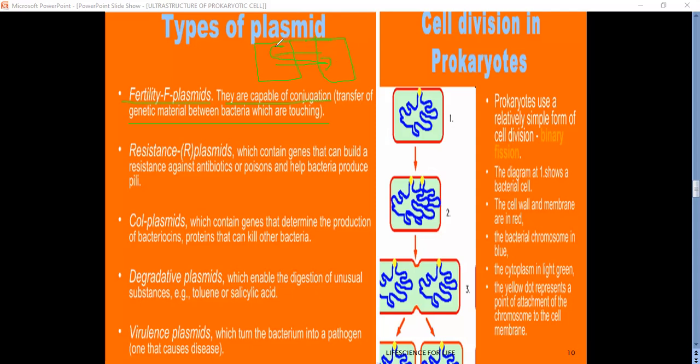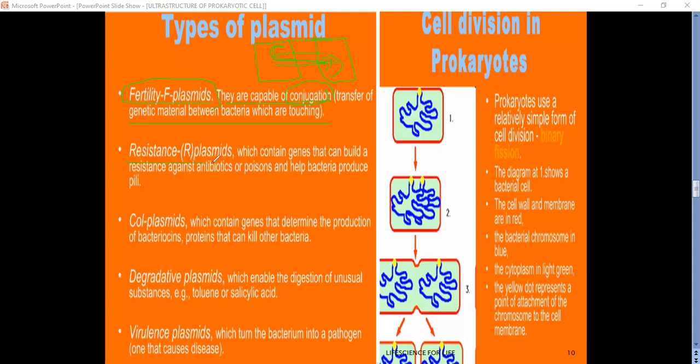During this, the fertility type of plasmid transfers its DNA to the other bacteria, and this process is called conjugation, where the bacteria are directly linked to one another. This type of plasmid is called an F plasmid.